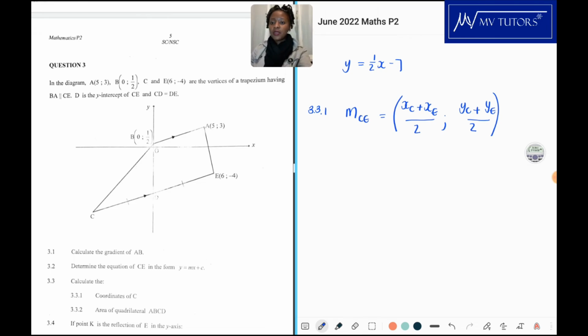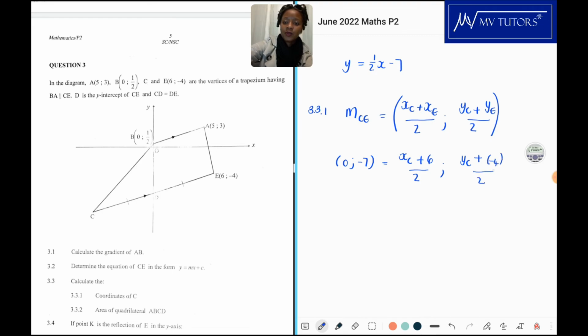Yeah, so the midpoint of CE is actually D. Alright, and we know the coordinates of D, which is 0 and negative 7. Okay, we don't know what the x-coordinate of C is, that's what we're looking for, but we know the x-coordinate of E, which is 6. Okay, that's all over 2. The y-coordinate of E is negative 4.